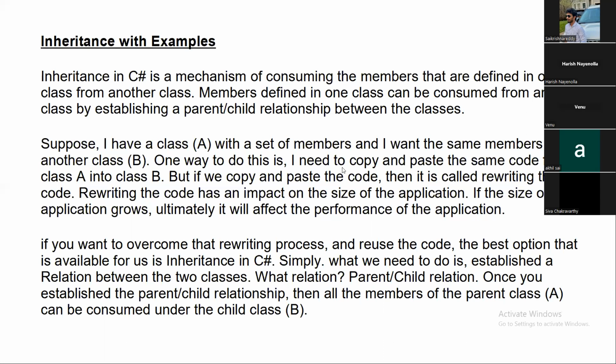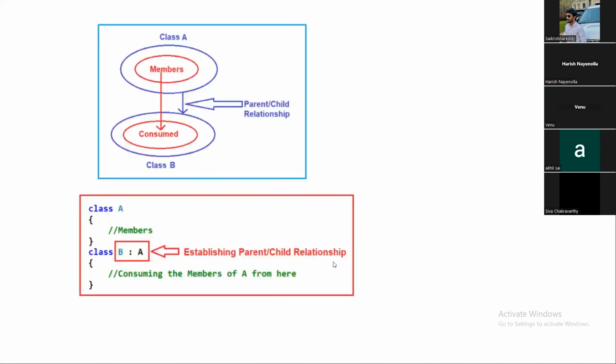Rewriting code has an impact on the size of the application because the application size grows. Ultimately, it impacts performance. So if you want to overcome the rewriting process, you have to use inheritance. This is how it works. We have a class A which contains the members, and if you wanted to use these members in class B, you have to create a parent-child relationship.